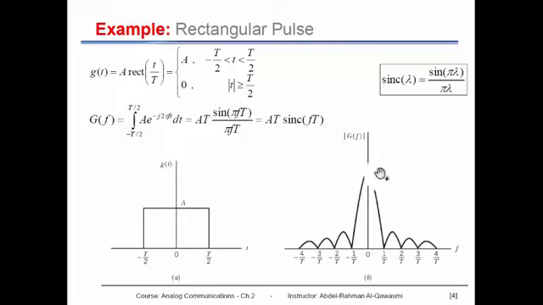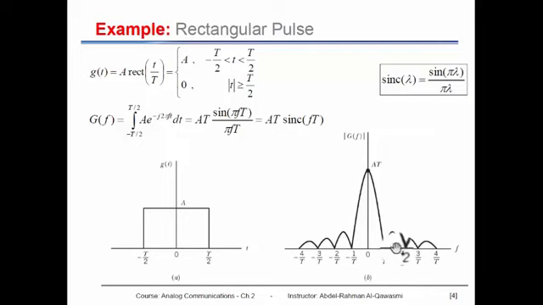This is the A T from the equation. This is 0, 1 over T, and so on. Because 1 over T, as you know, gives us the frequency, we have 1 over T, 2 over T, 3 over T, 4 over T.